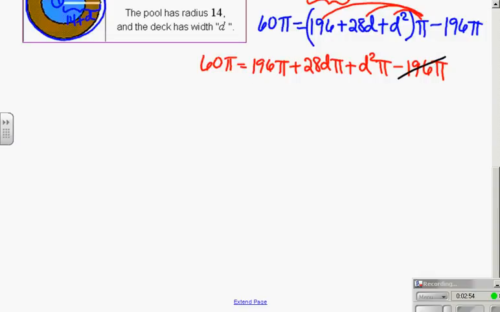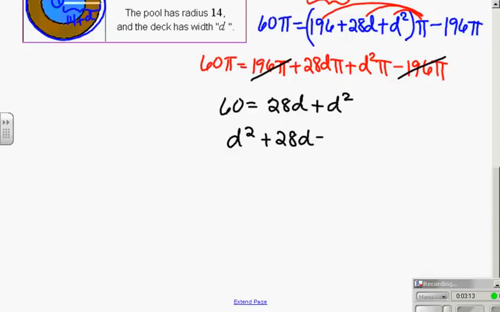But if we just keep working on it, 196 plus and 196 minus disappear. If I divide both sides by pi, I'm going to end up with 60 equals 28d plus d squared. This looks like something I can factor or do the quadratic to. So I have d squared plus 28d minus 60 equals 0.